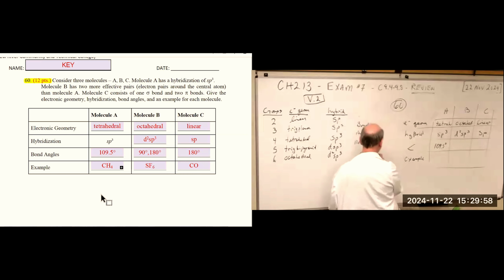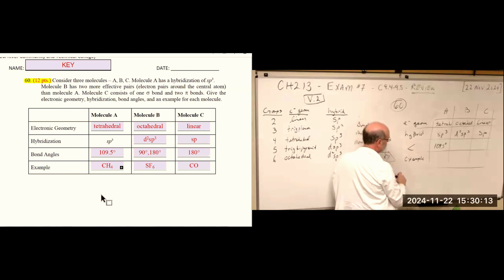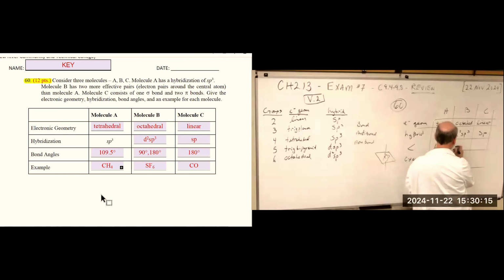D2sp3, octahedral, got square, and then you got something in the middle here and like that. So every bond angle here is 90 degrees. And this bond angle, if these are occupied by atoms, would be 180. So the only two possibilities you have here, 90 degrees and 180 degrees. Maximum. And linear, of course, is 180 degrees.